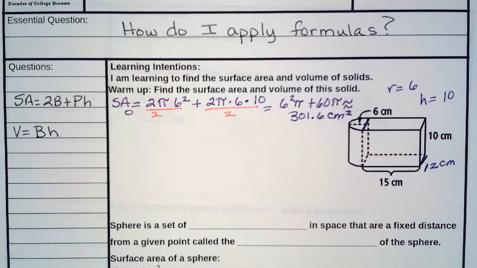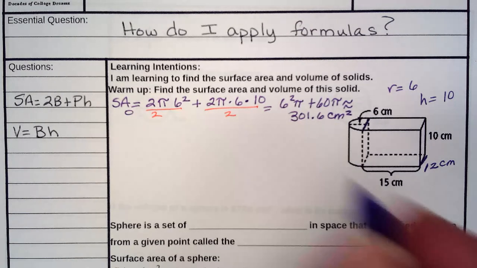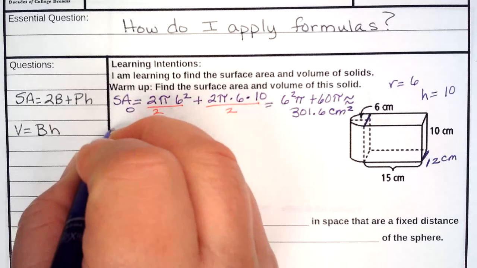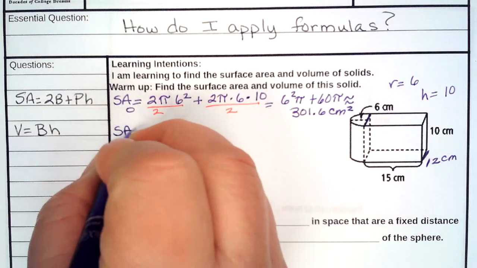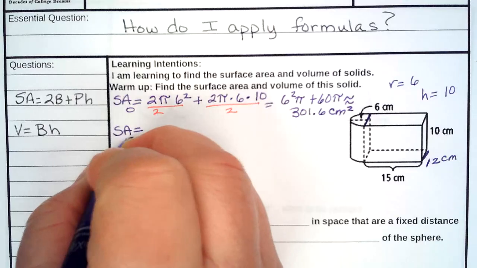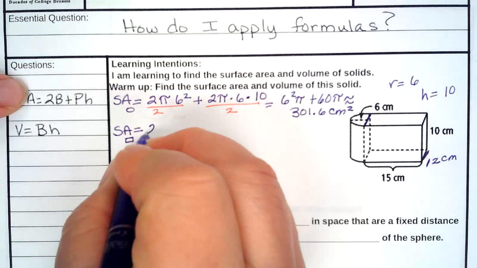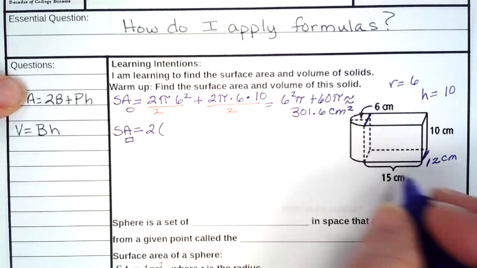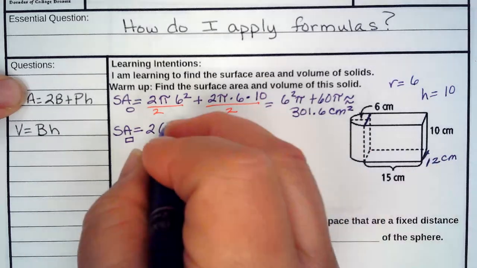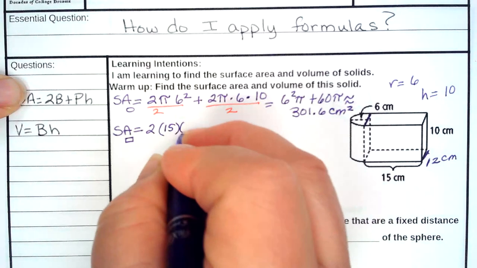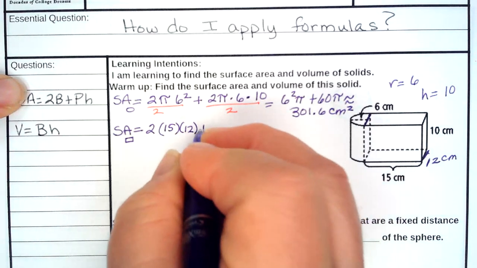Okay, now for the box, what do we notice about the box? Well, one whole edge is covered up by the half of the cylinder. So, as we're looking at our surface area, two times 15 times 12, plus.